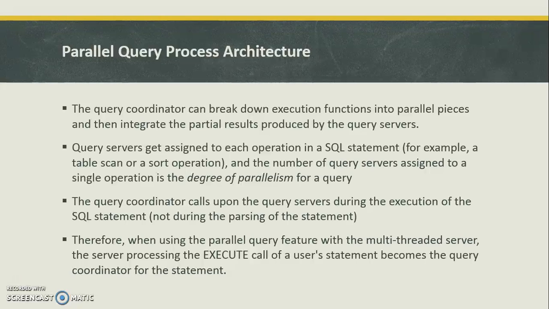The query coordinator calls upon the query servers during the execution of the SQL statement. Therefore, when using the parallel query feature with the multi-threaded server, the server processing the execute call of a user statement becomes the query coordinator for the statement.